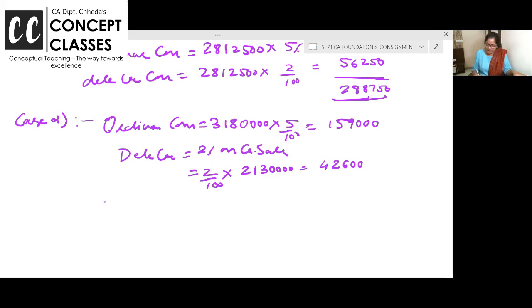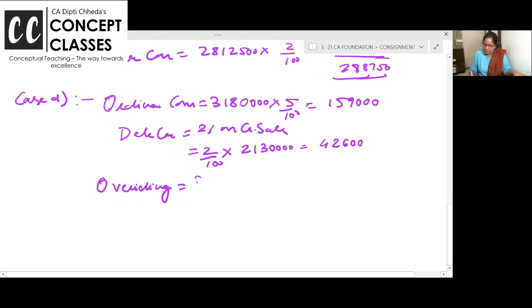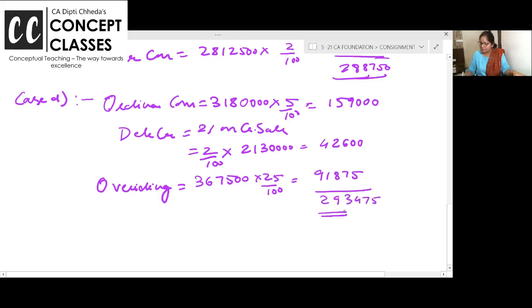And third is routine overriding commission, which is always on surplus, 367,500 into 25%: 91,875. Total commission is 93,475.